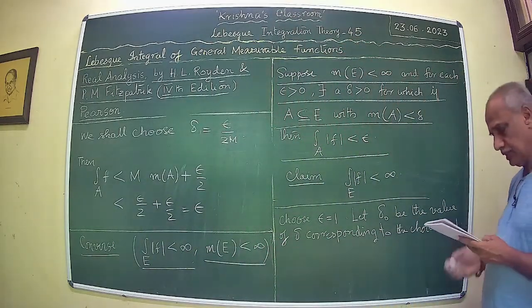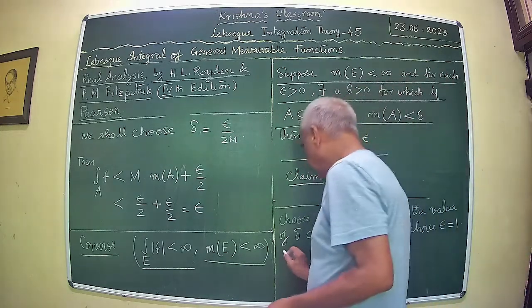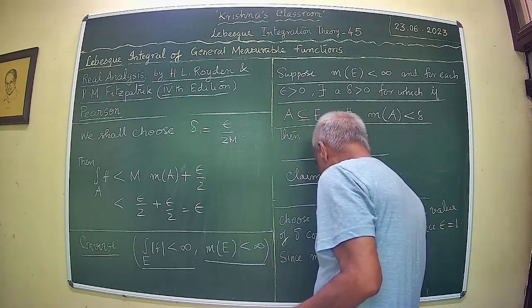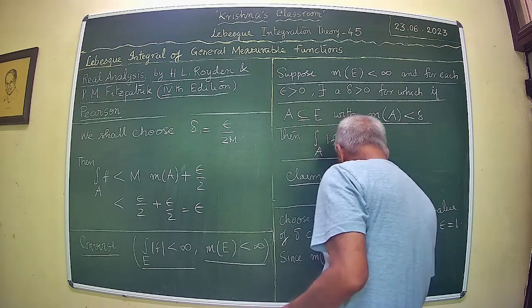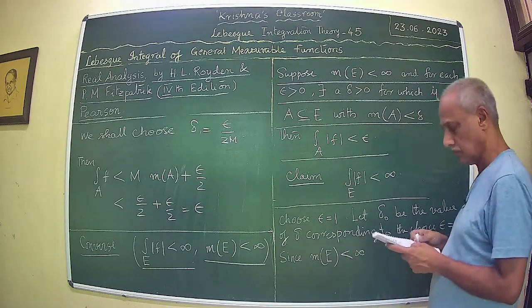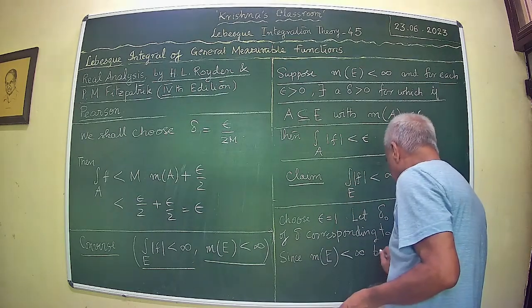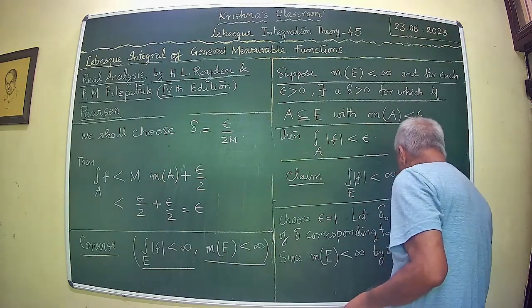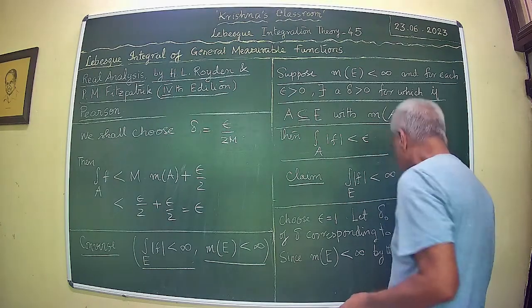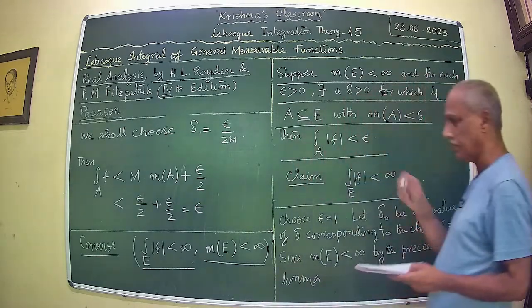Now what we have then, since the measure of E is finite, we can use the previous theorem, by the preceding lemma, which we have proved already.